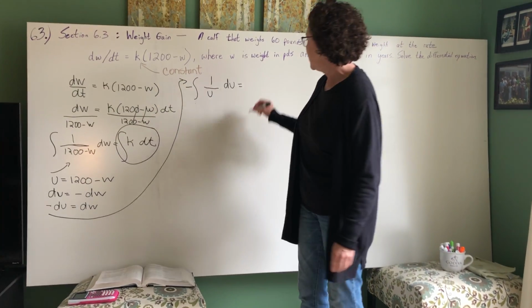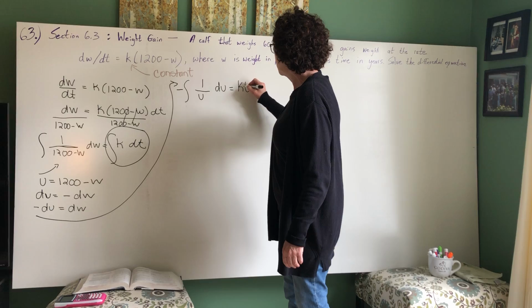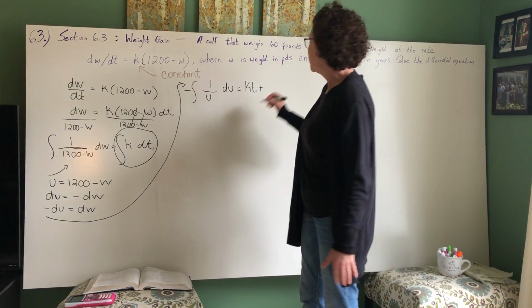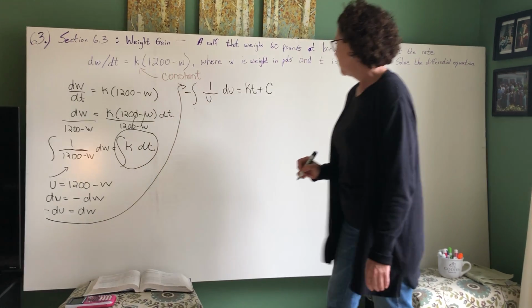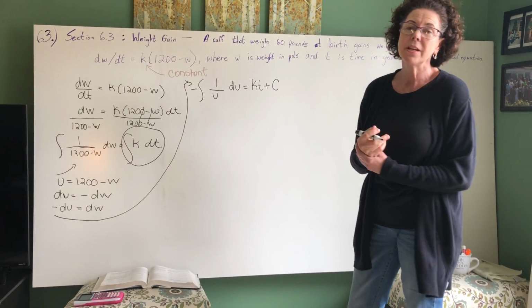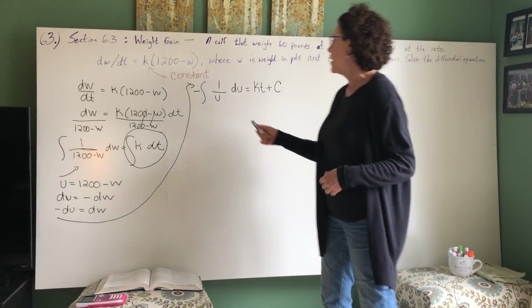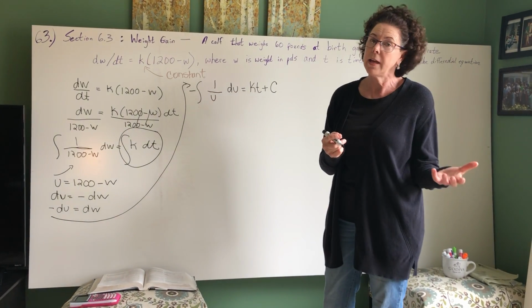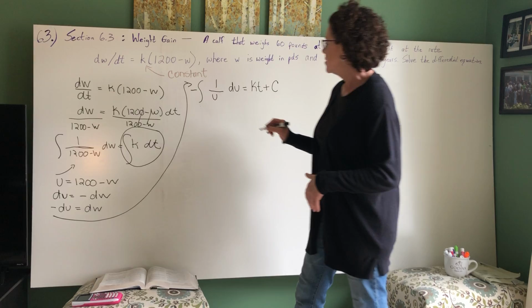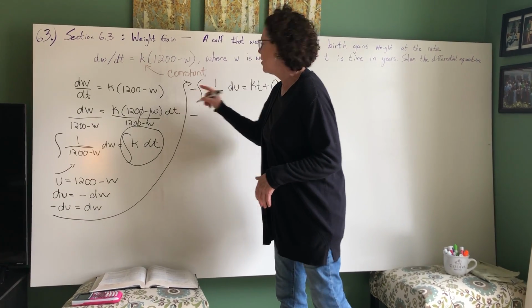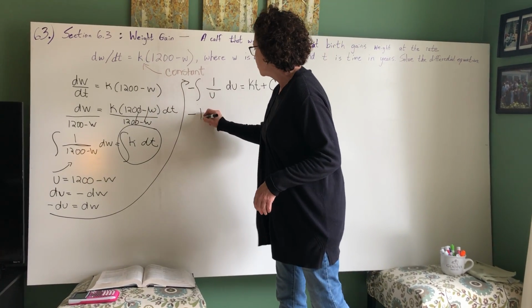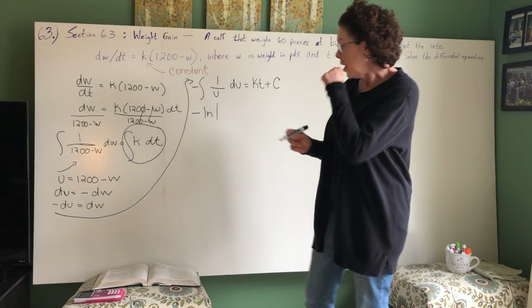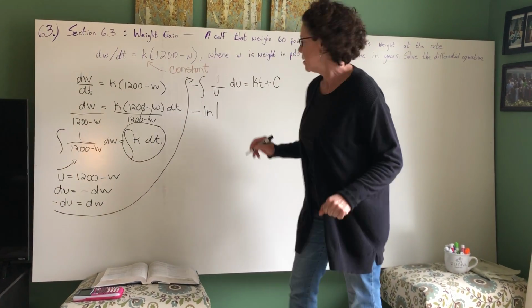That is Kt, and of course, we would never forget what, Ethan? The plus C. We still have to integrate the left, but we recognize this. The integration of 1 over u is the natural log of the absolute value of u. So we have our negative out front, the natural log of the absolute value of u. Our u is 1200 minus W.